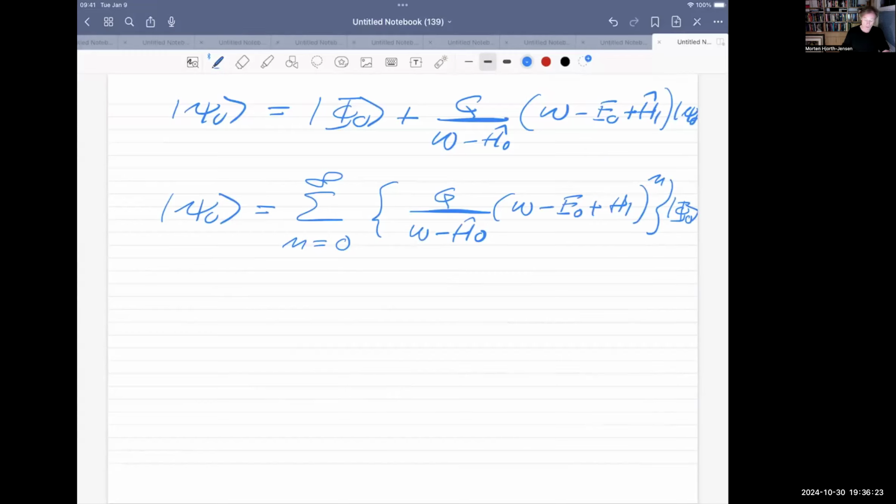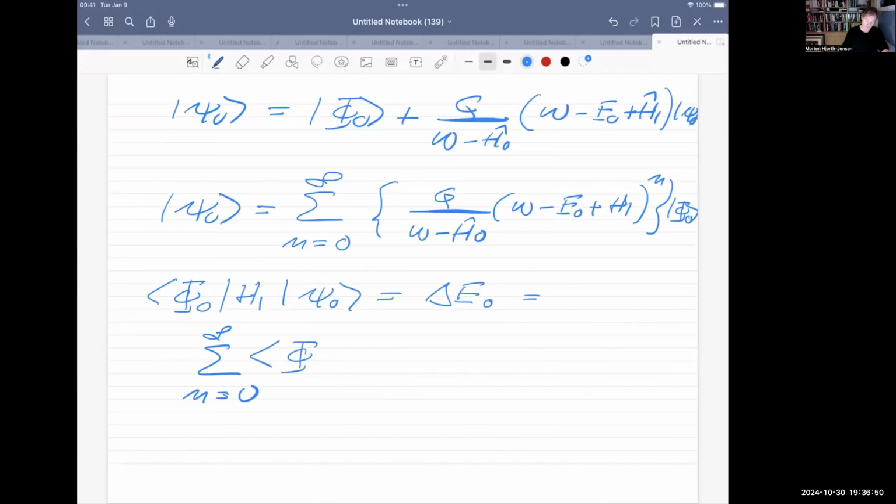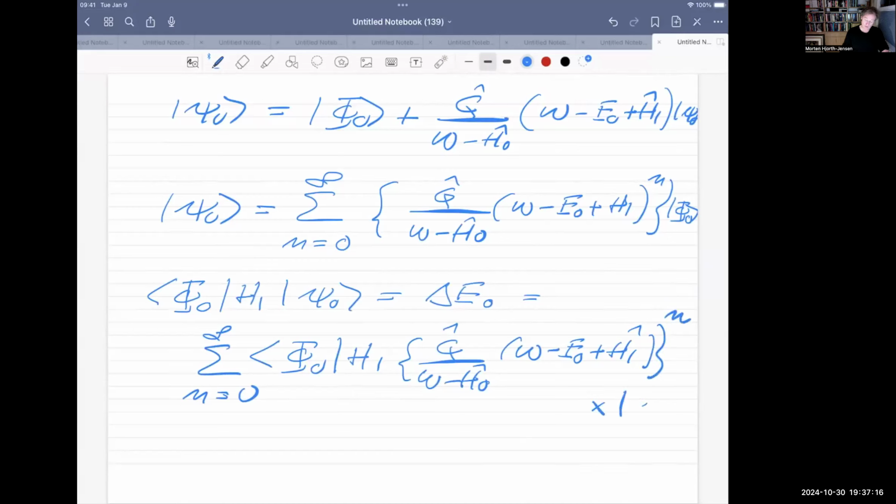And then if I multiply with the interaction, so if I look at the term phi 0, which we had previously, of H of I multiplied with psi 0, which defines the correlation energy, where I have the subscript 0 to indicate the difference between full FCI and perturbation theory, then I have this sum: phi 0 of H of I multiplied with Q over omega minus H0, and then omega minus E0 plus H of I to the power of n multiplied with phi 0.